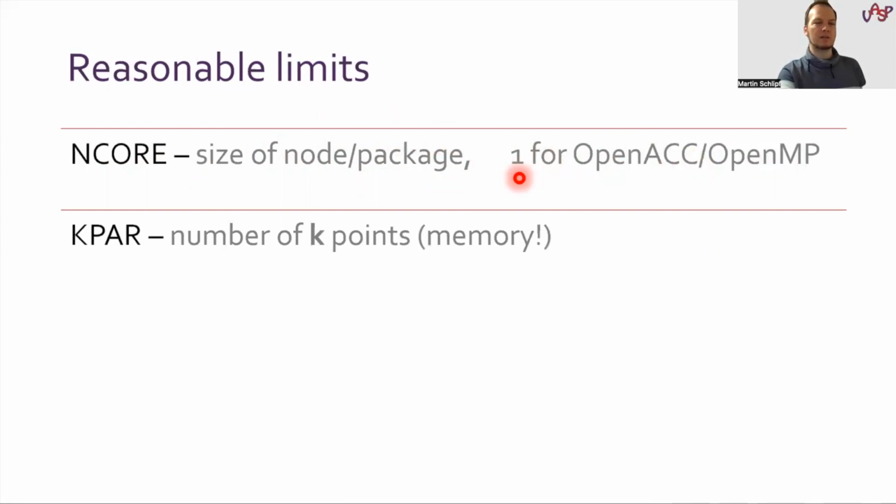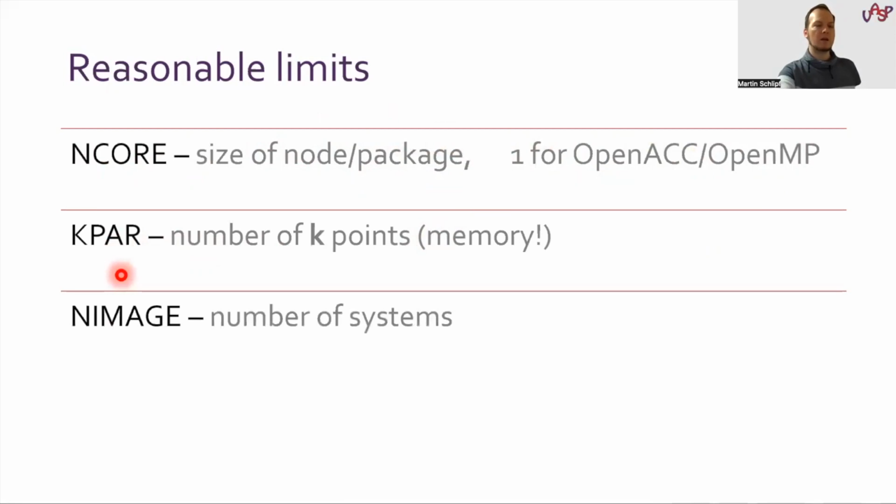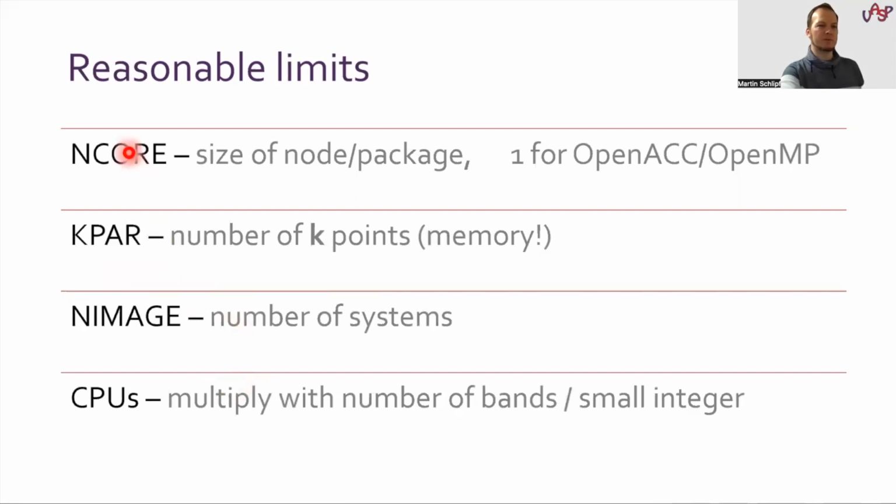And then you can use the k-point parallelization. This depends on the number of k-points, and if your memory allows, you can use as many as you have k-points. If you have independent systems that you want to compute, you can use as many images as you have systems. Then this brings you to the total number of CPUs. This is the product of all of those times the number of bands divided by a small integer.